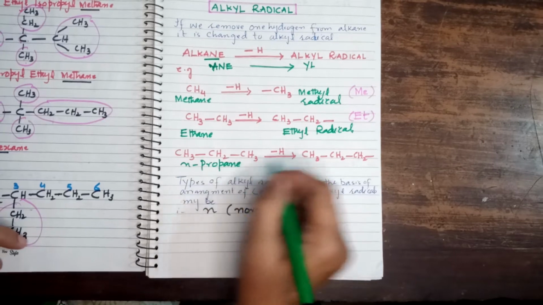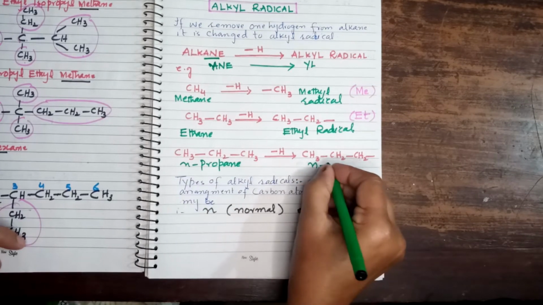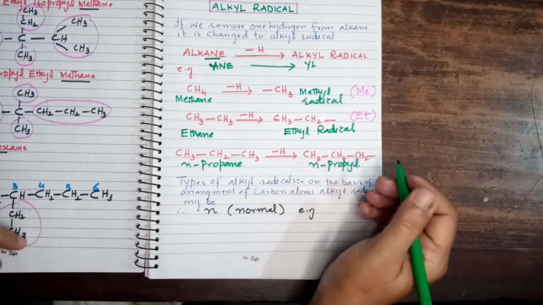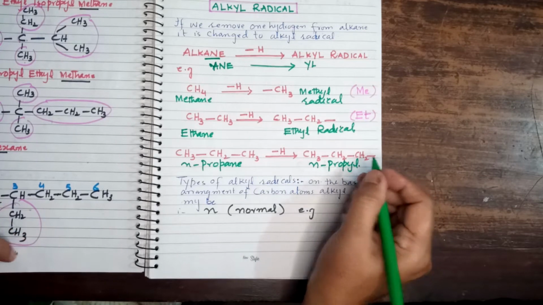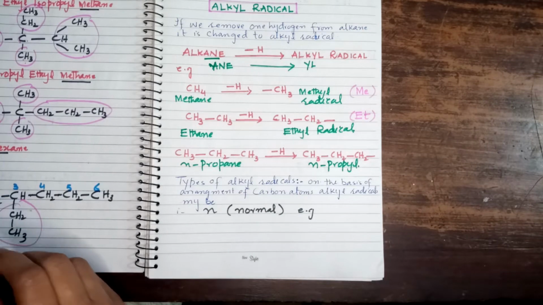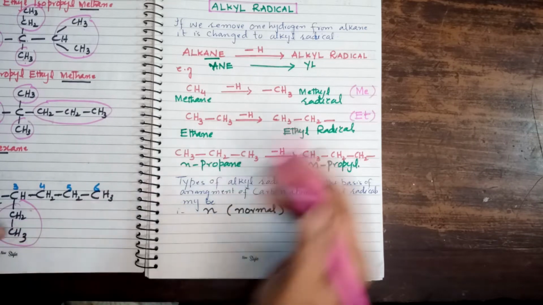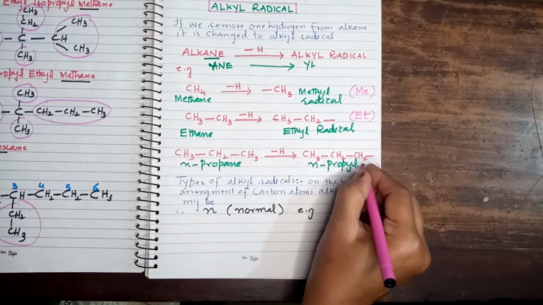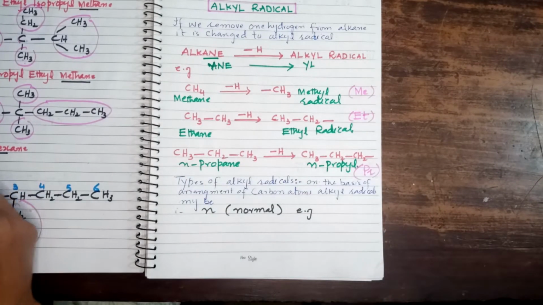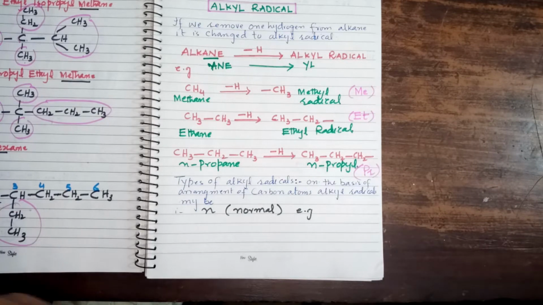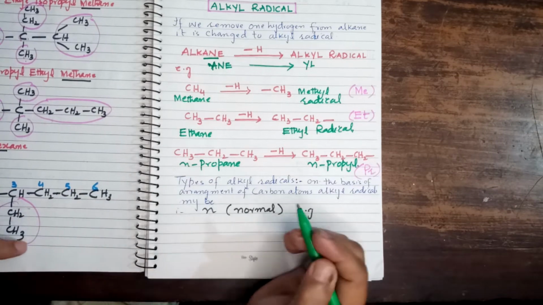So n-propane changes to n-propyl radical, right? The abbreviation used to represent propyl radical is Pr. Pr for propyl radical. I hope this is clear to you, students.